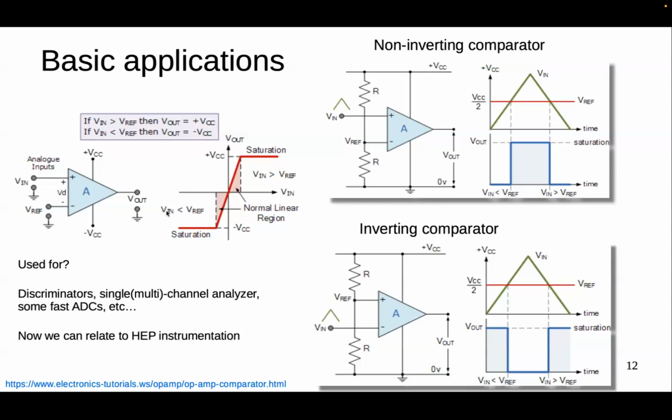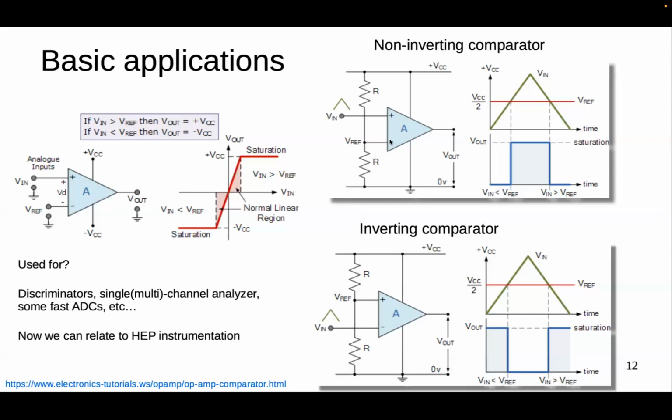So for this we have two modes: the non-inverted and inverted comparator. This is the electrical circuit. In this case, for the non-inverted, we use the non-inverted input as the input, and we put some reference voltage in the inverted input.